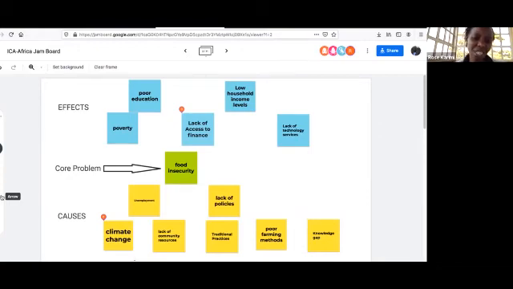For climate change, we need to mitigate it and provide employment. And what will be the end result? We shall at least reduce poverty. There may be access to finance. People will continue going to school. And the household incomes will improve. And you see the connection between our problem tree and the objective tree.